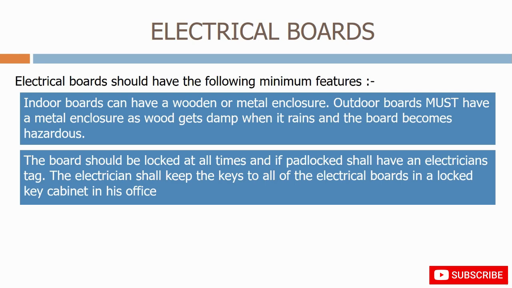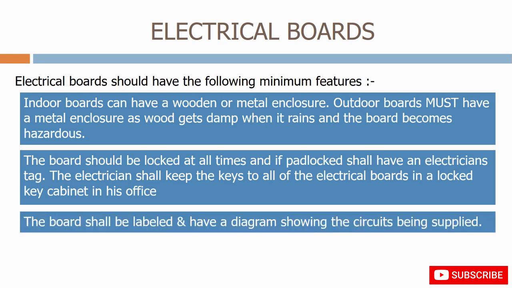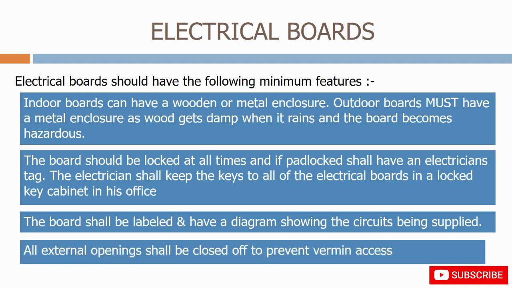The electrician shall keep the keys to all the electrical boards in a locked key cabinet in his office. The board should be labelled and have a diagram showing the circuits being supplied. All external openings should be closed off to prevent vermin access.